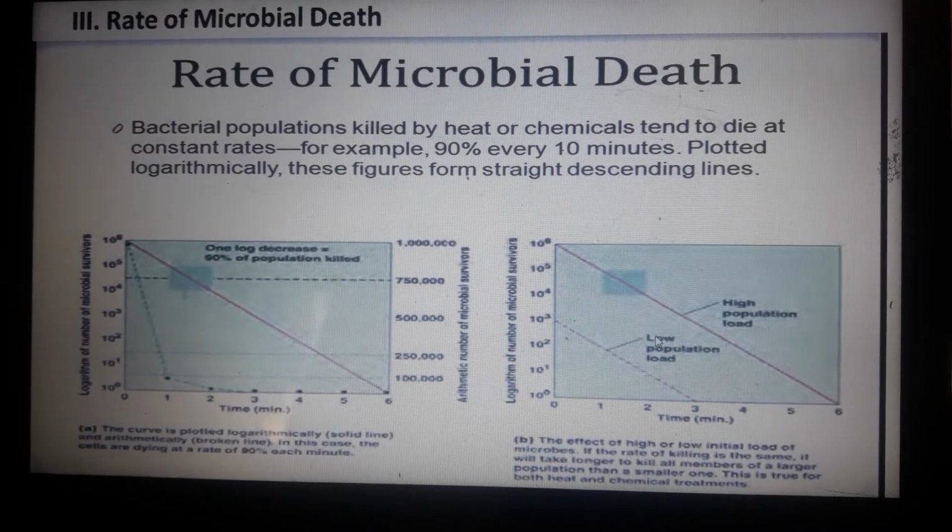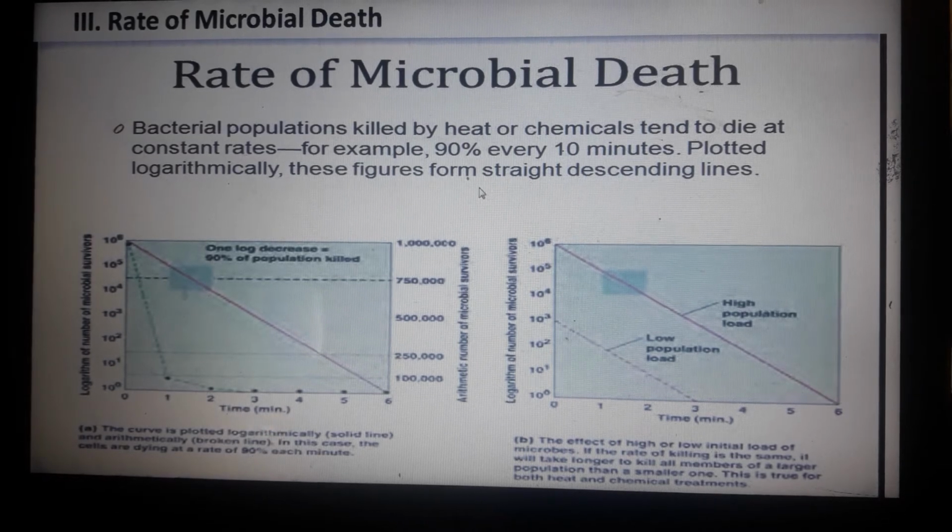The death of bacterial cells depends upon the number of cells present in a specific environment. If your population load is small, the death is easier, so their death capacity is faster.